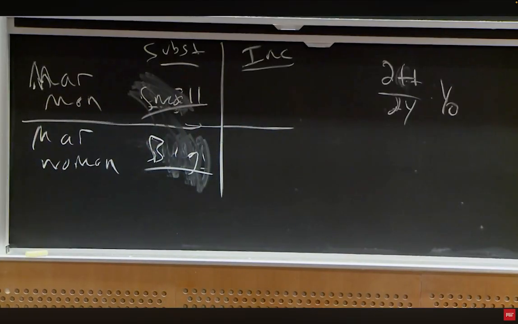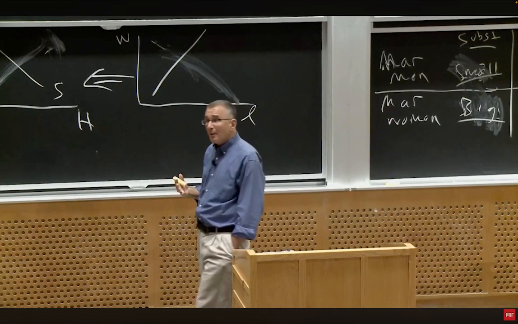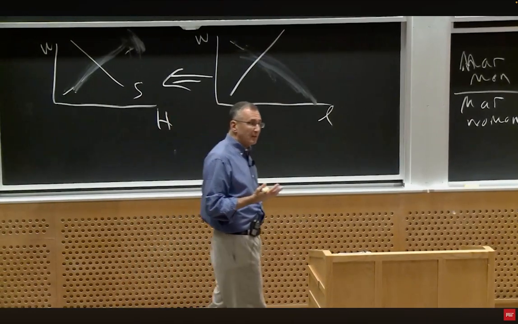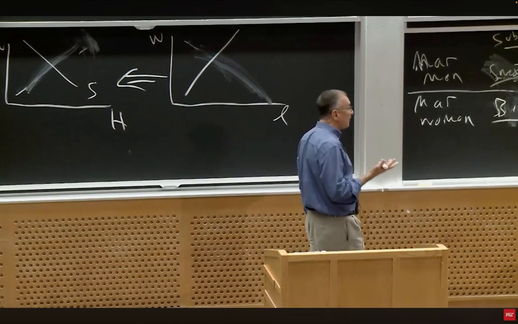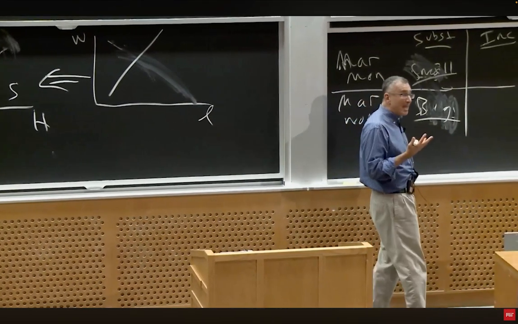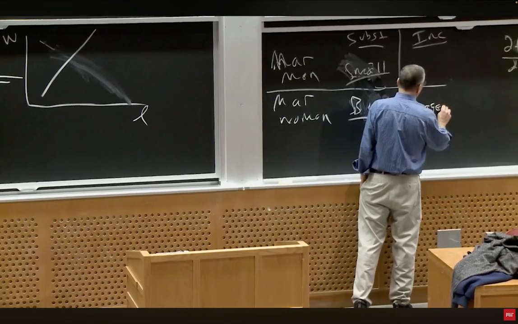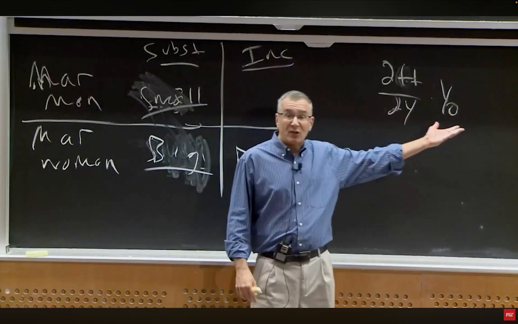Well, if you're women, many of them didn't work. So they had a small income effect. Men, they worked, so the income effect was bigger. Now, maybe not big, but bigger. So you might say here the income effect is bigger for men, because women didn't have an income effect because they weren't working.